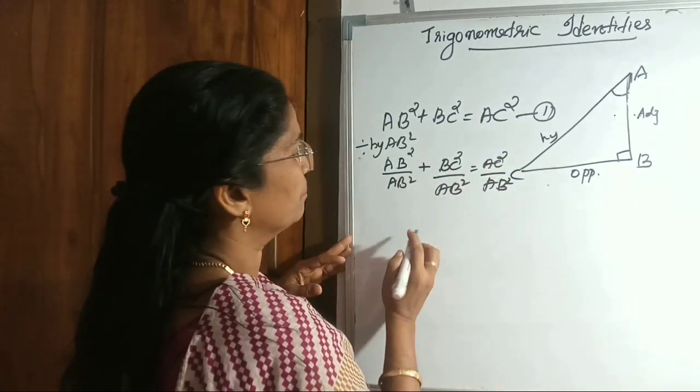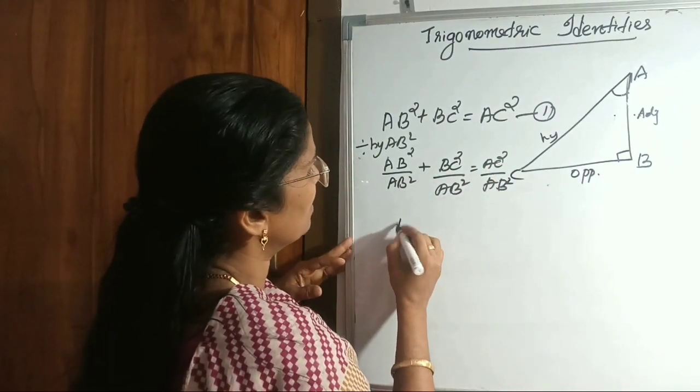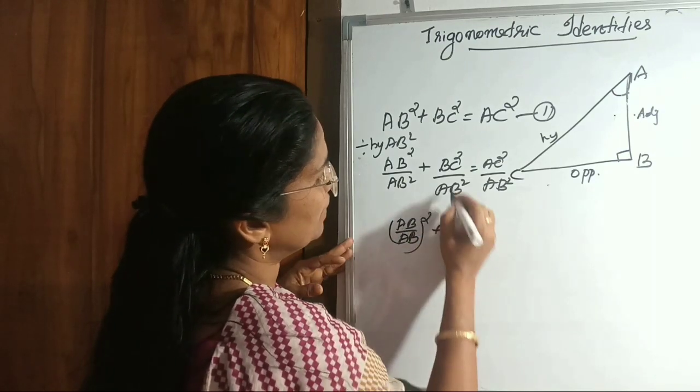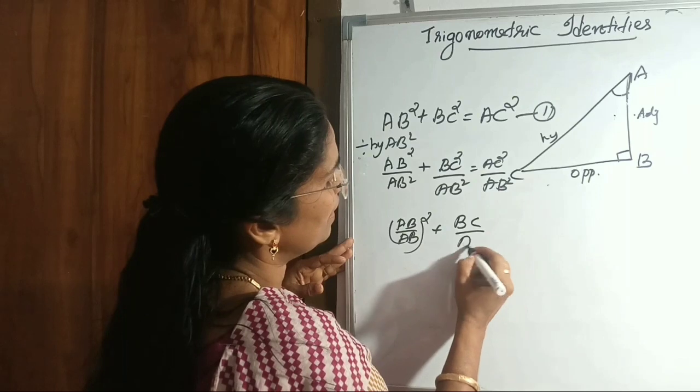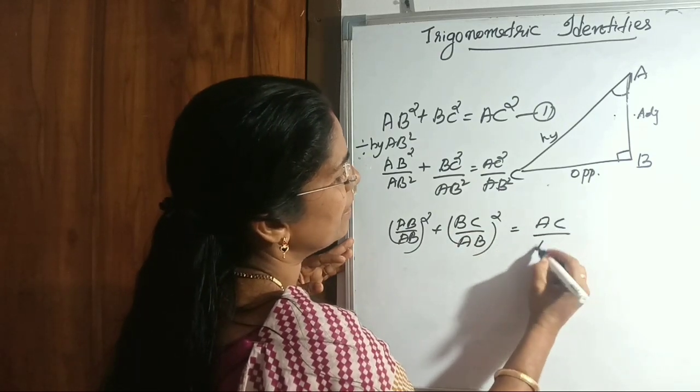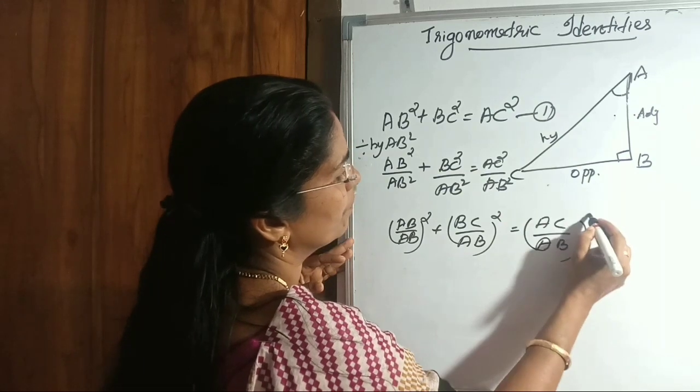Same process we are doing. Here we can write it as (AB by AB) whole square, (BC by AB) whole square, and (AC by AB) whole square.